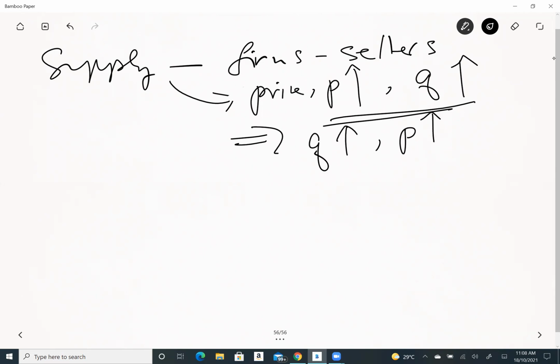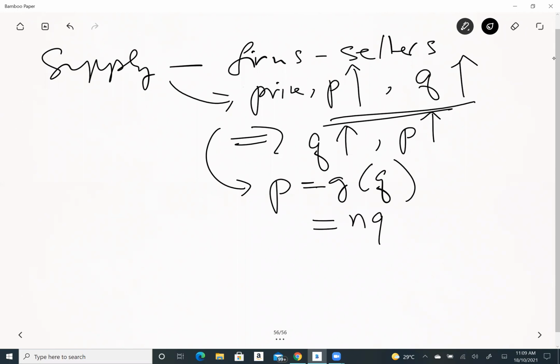So we specify the supply function, P as a function of Q. Q increases, P increases, and that equals NQ plus D, where D is a constant and N is the slope.